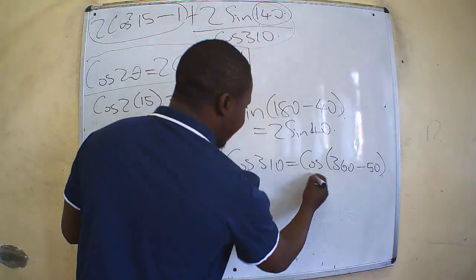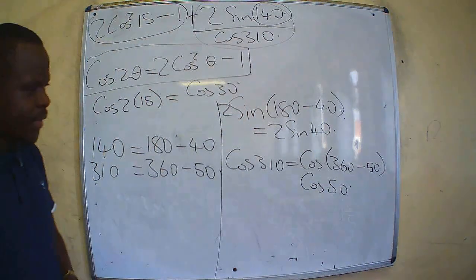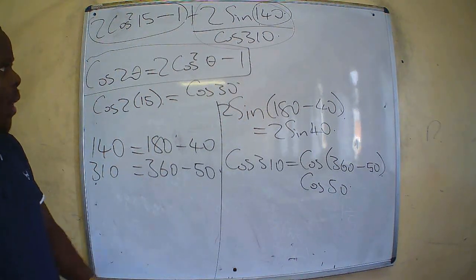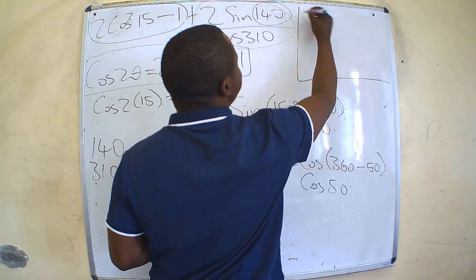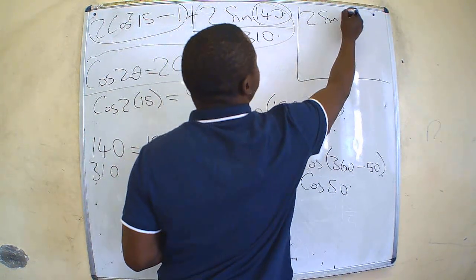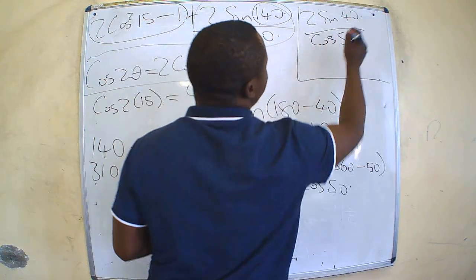So this can become cosine 50. So if this is cosine 50, now dividing the two, that's 2 sine 40 divided by cosine 50.